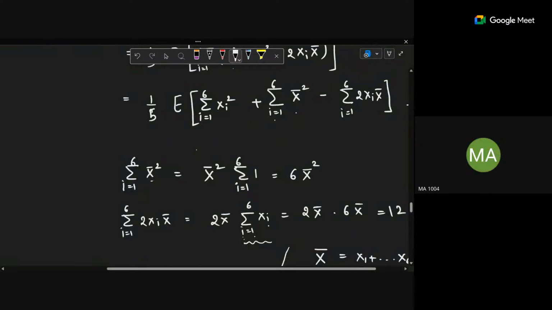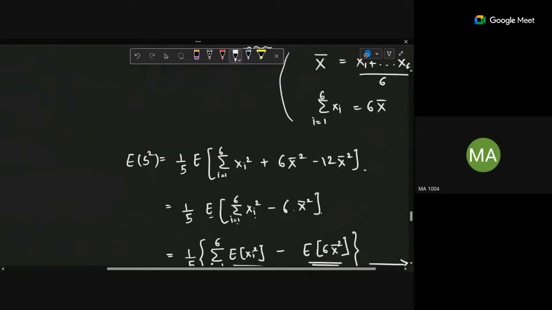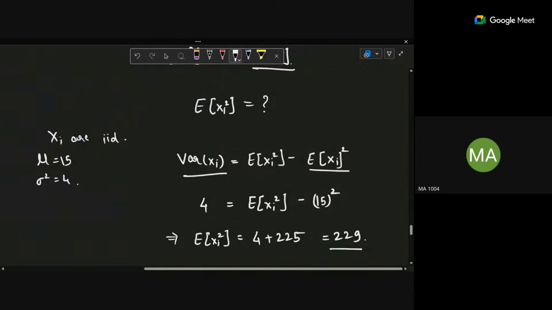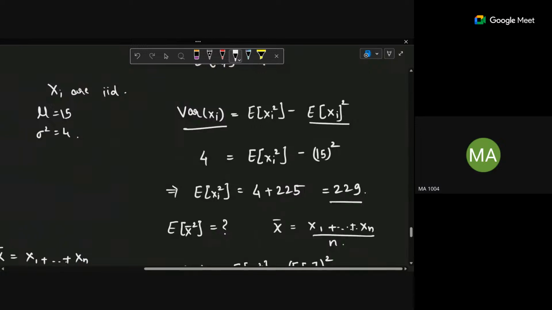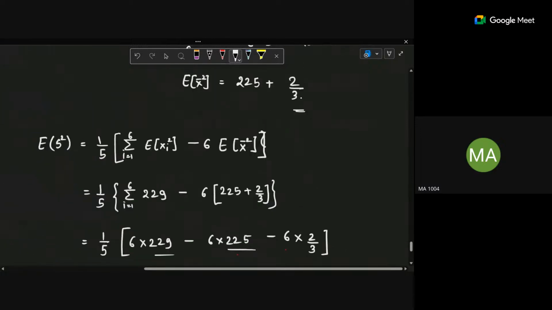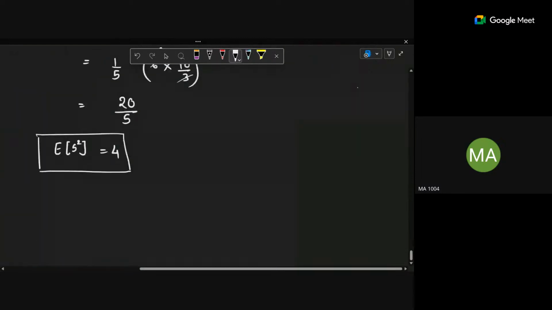The thing is, whenever it comes to finding the expectation of the square of a random variable, we go through this variance formula. Whenever we know the variance and expectation of a random variable, we find the expectation of the square of the random variable. That was the only tricky thing here; the rest of the part was easier.